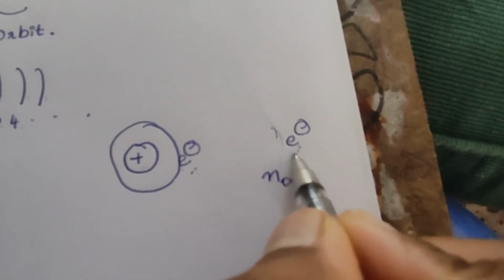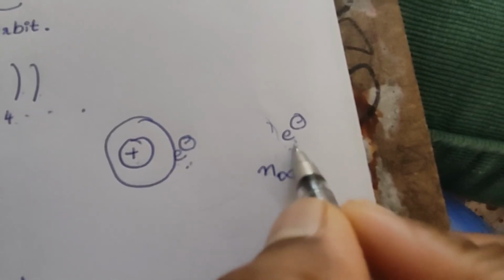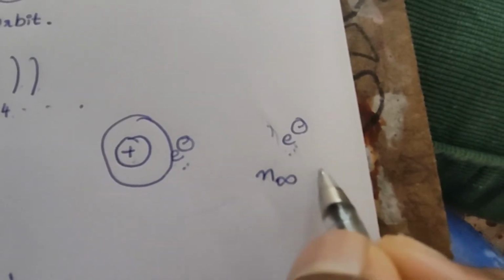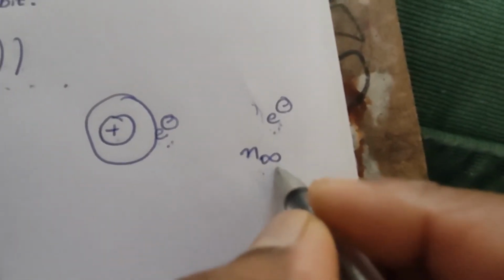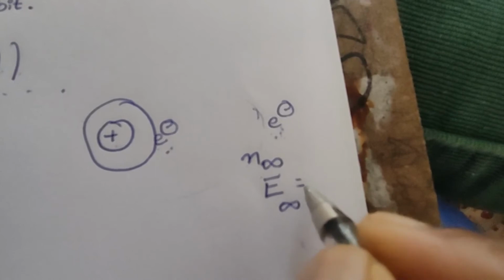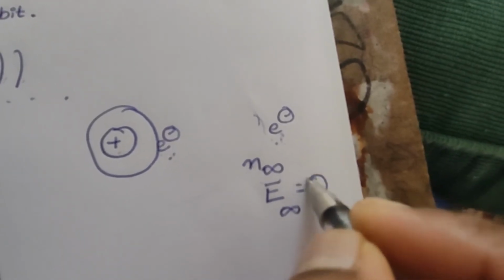Here literally there is no nuclear attraction. At this point, the energy of the electron will be zero. At n infinity, the energy present in this orbit is zero.